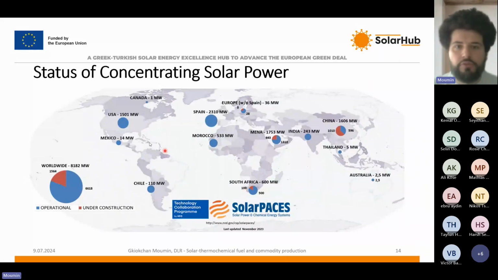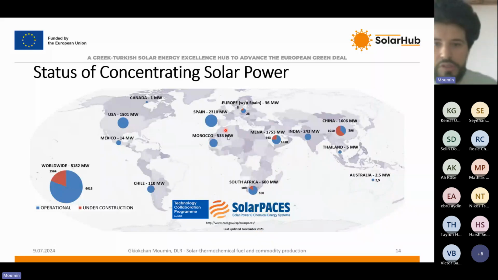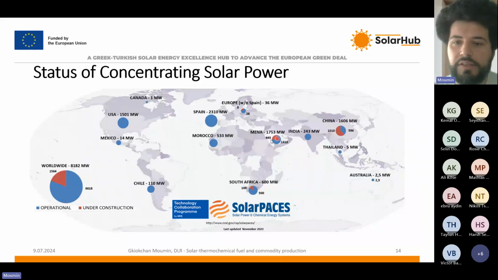The status of CSP currently, so these numbers are from November 2023, looks like this. So you can see the highest number of installations in Spain, or the highest power, with 2.3 gigawatt. Then we have China now catching up a lot. So the red ones are under construction. So you can see 1 gigawatt is being built there, which will increase its number to 1.6.